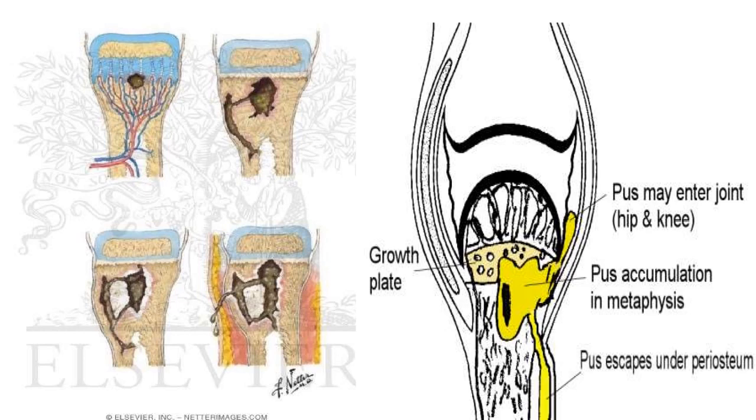This is the metaphyseal region, this is the physis, and this is the epiphyseal region. So this pus can erode this physis of that young child. It can come out into the soft tissues, and it can erode into the joint, and it can cause septic arthritis there.